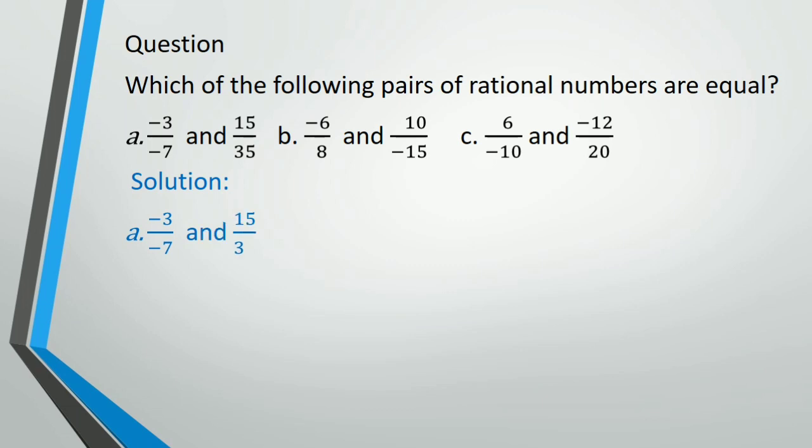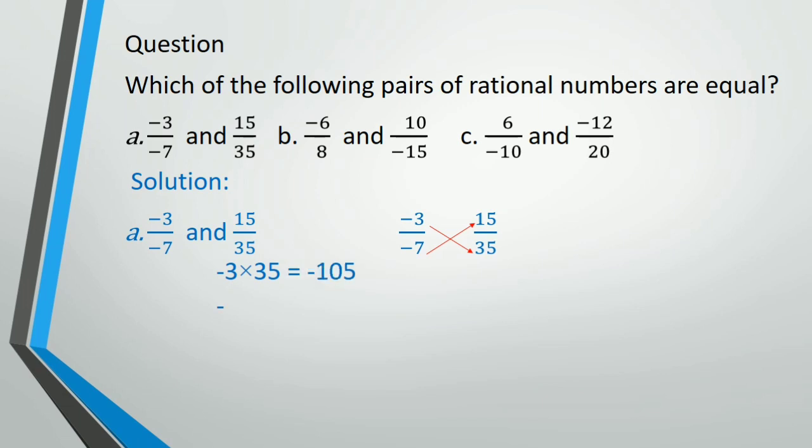We know that P by Q is equal to R by S if and only if P into S is equal to Q into R, or we do the cross multiplication here like this: minus 3 with 35 and minus 7 with 15 in the first pair of numbers.